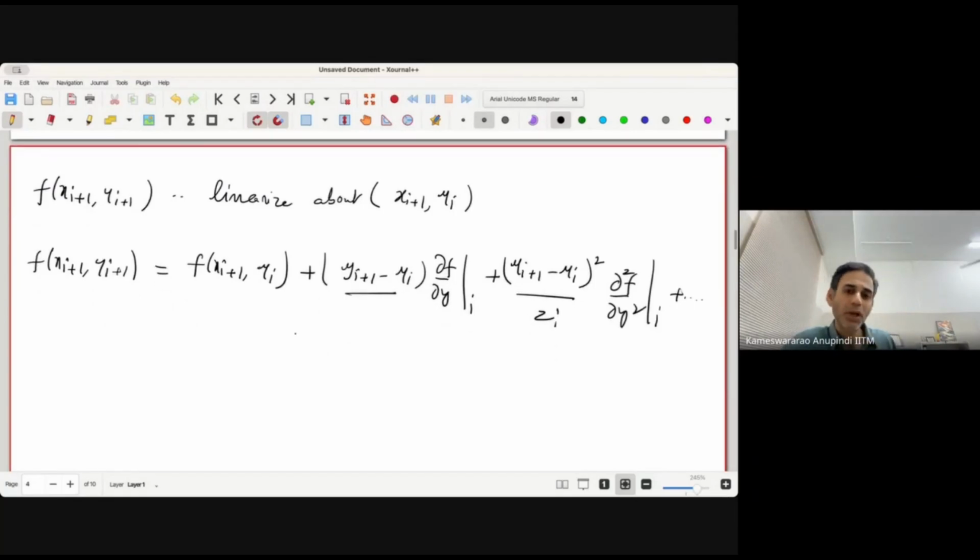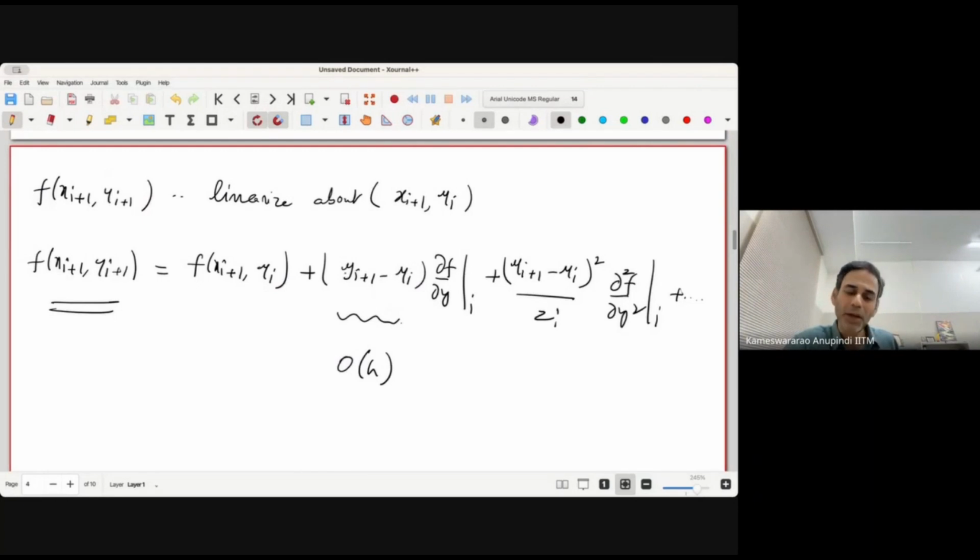Now, how many terms do we have to include to approximate f of xi plus 1, yi plus 1? We realize that yi plus 1 minus yi is order h. If you have to expand yi plus 1 about yi, you're going to write yi plus 1 equals yi plus h times dou y by dou x and so on.